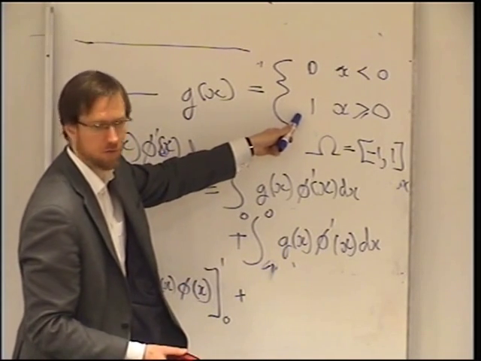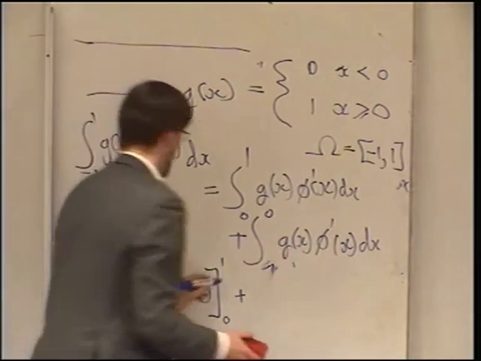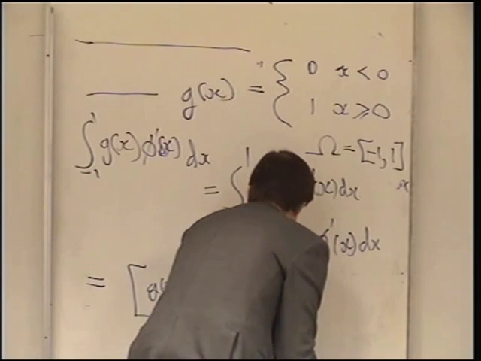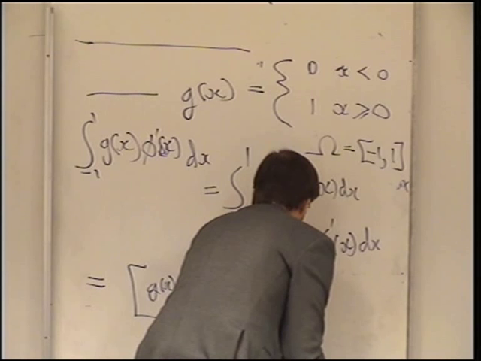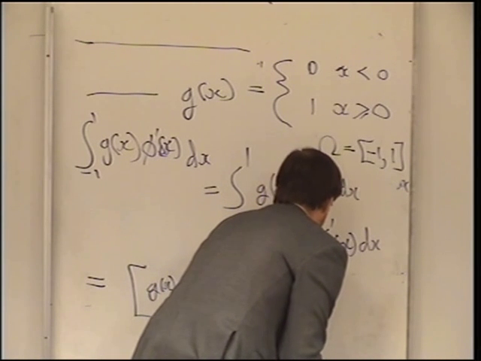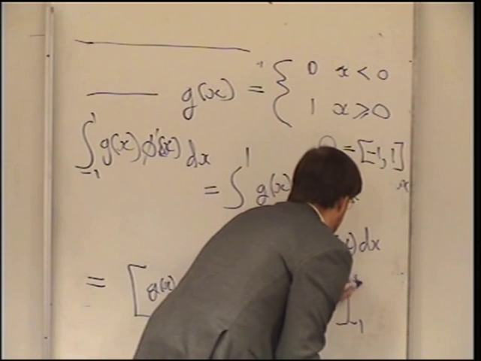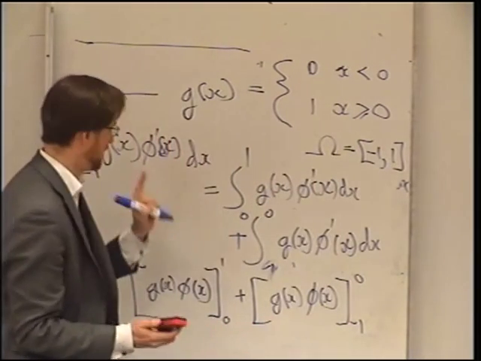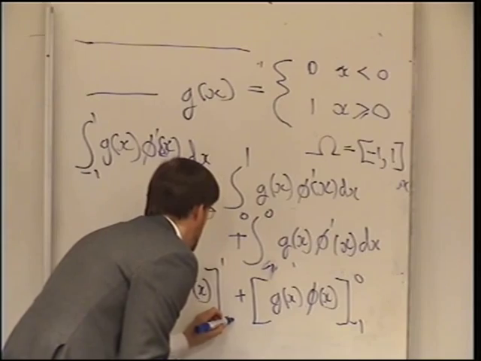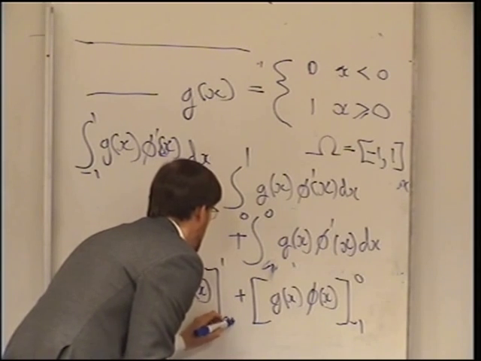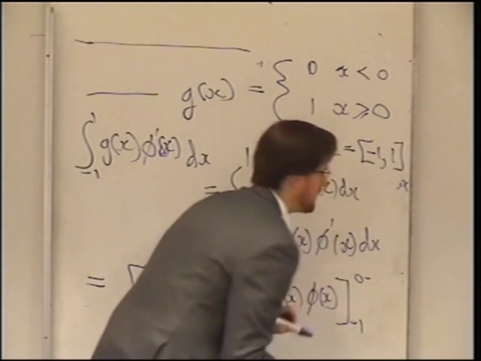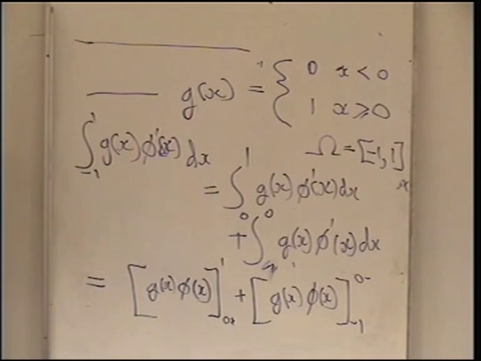The derivative of 1 is also 0. So the body term vanishes, so I just get the boundary term. So I get g(x) phi(x) minus 1, 0. And now it really matters that I note that this is the right-hand limit and that is the left-hand limit, because they're now not the same thing.